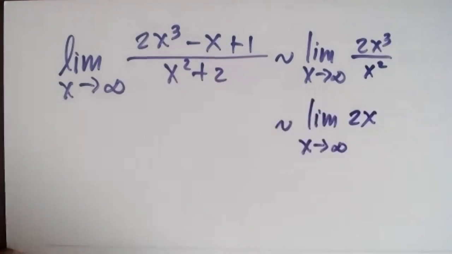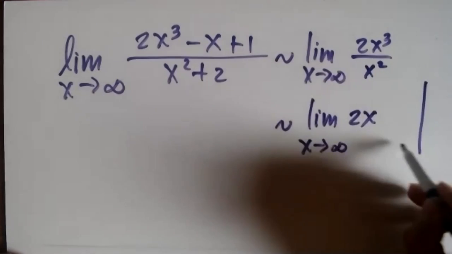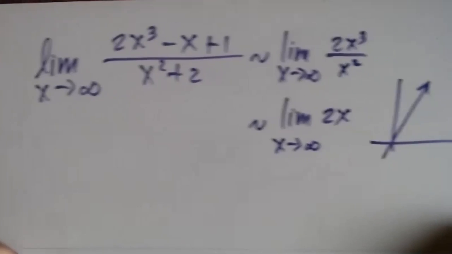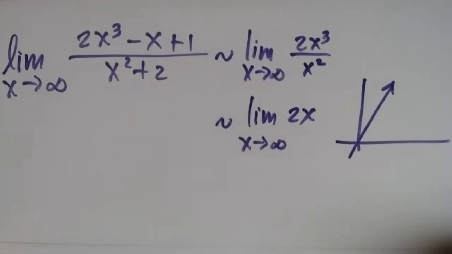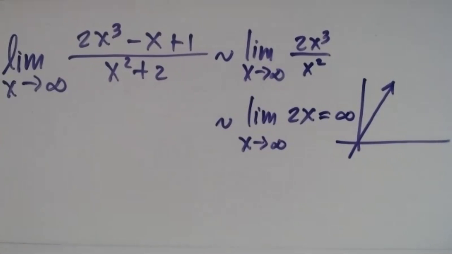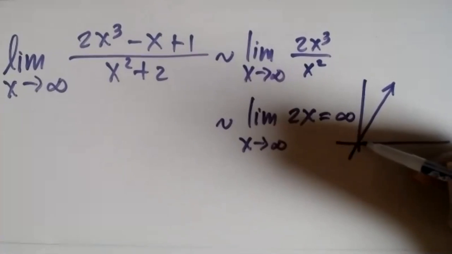2x. Okay, now, what kind of function is this? Well, if you remember, 2x is a function like this, correct? What is the behavior of this function when the x increases? It goes to infinity. Correct, it's infinity. You see that? So, because this is 2x, what happens when the x increases?